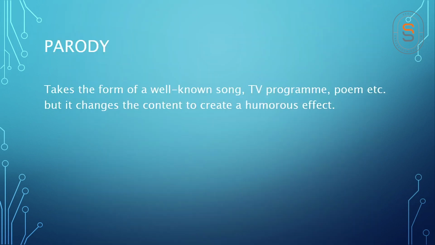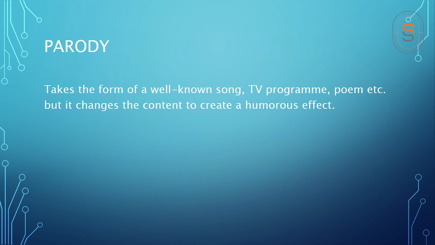The next one is a parody. It takes the form of a well-known song, a TV program, a poem. It can be a well-known painting, but it changes the content to create a humorous effect.